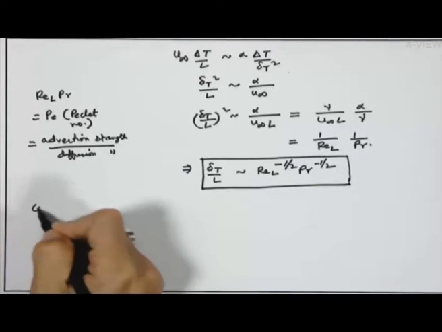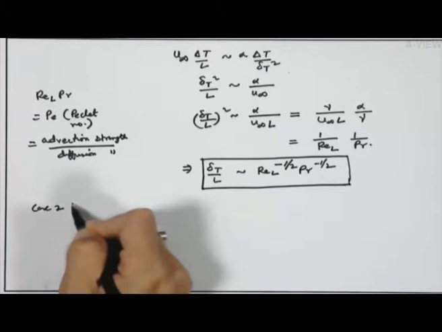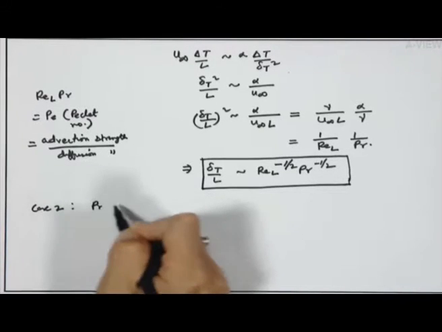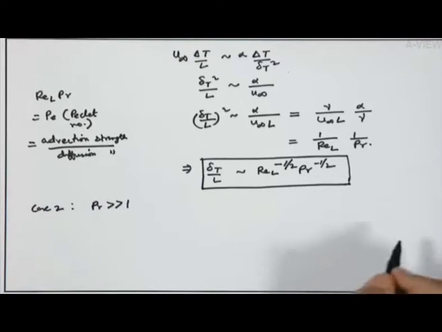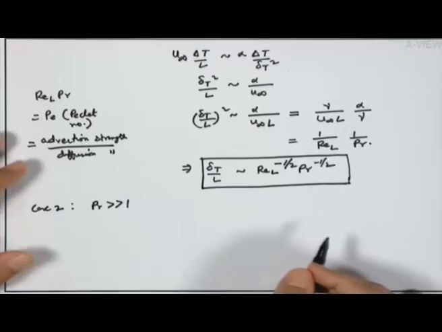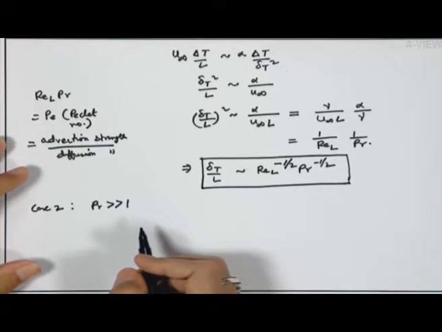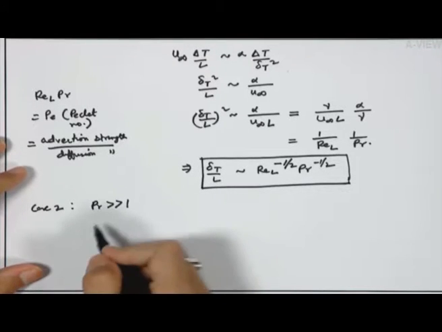Case 2 is a little bit more subtle. This is Prandtl number much greater than 1. So, let us try to draw the boundary layers for this case.